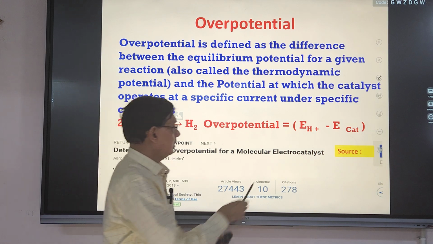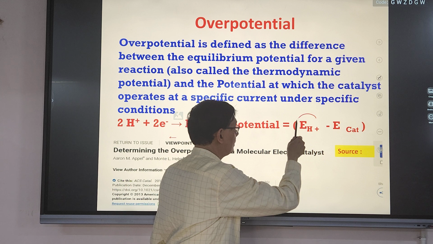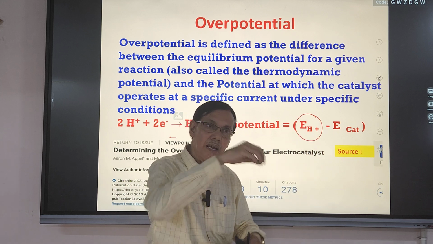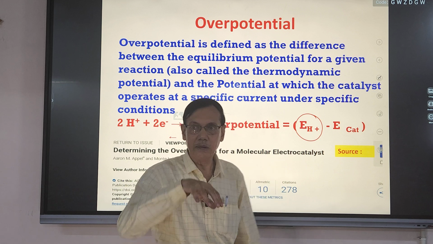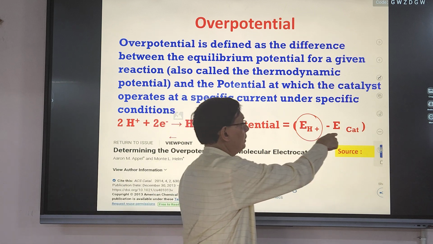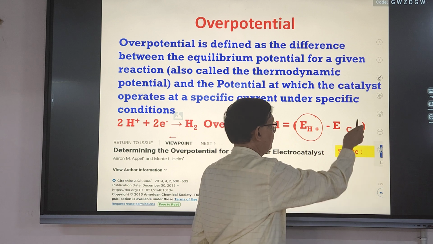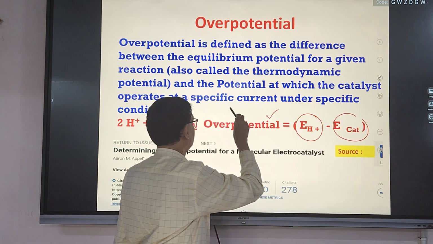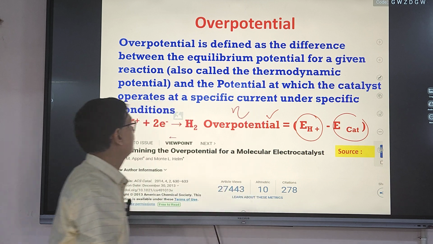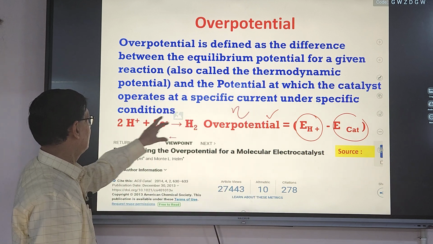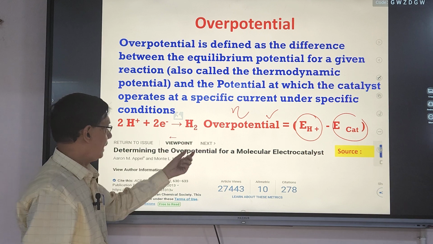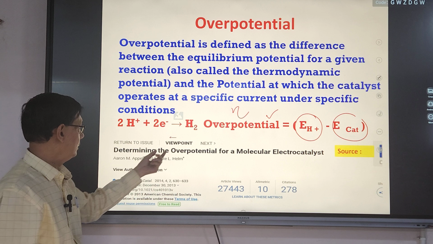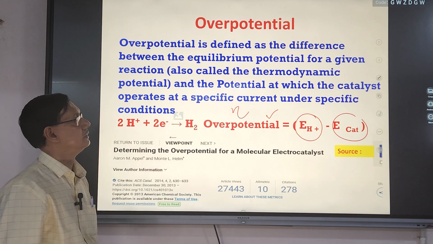So this is the normal equilibrium state. At equilibrium, we are applying some voltage through electrocatalysis, and that is, suppose, E catalysis. So the difference is overpotential. And this is the complete reaction for the overpotential. I must confess that I am determining the overpotential for molecular electrocatalysis.